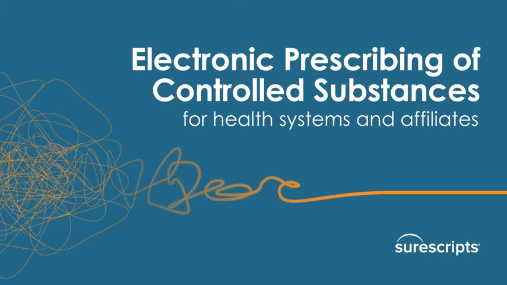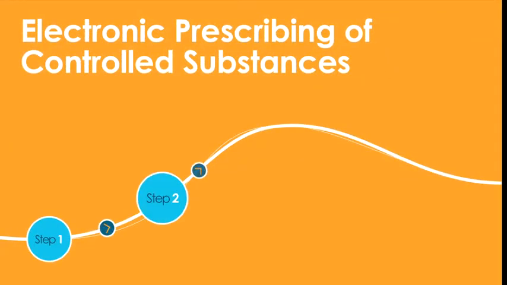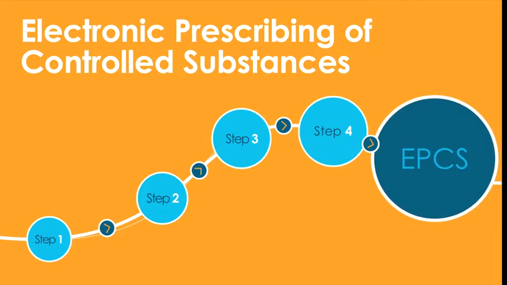Given the complexity and the misinformation in this area, we understand you might not know how to get started. So what we've done is break things down to the four most important steps practitioners and health systems need to complete. With these steps as your guide, you'll be well on your way to the added convenience, accountability, and security of electronic prescribing of controlled substances.